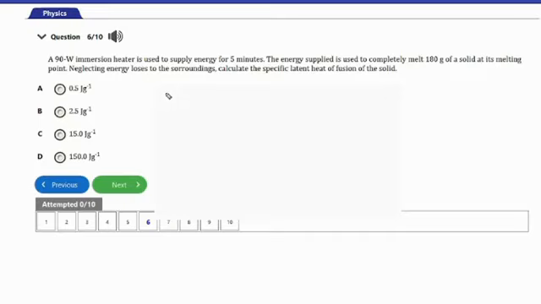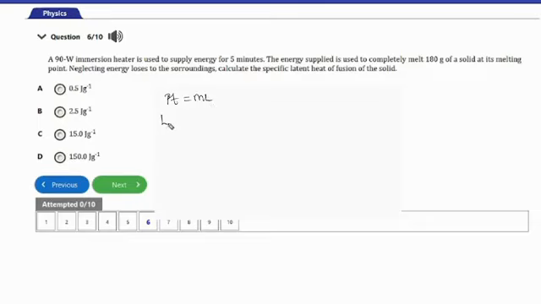So guys, looking here at the options, we have the specific latent heat options as joule per gram. So we can always leave this mass in gram here, but then the time here in minutes we can change it to seconds, and that's 5 times 60 seconds. So that's 300 seconds. So using the formula PT is equal to ml, we're looking for L here.